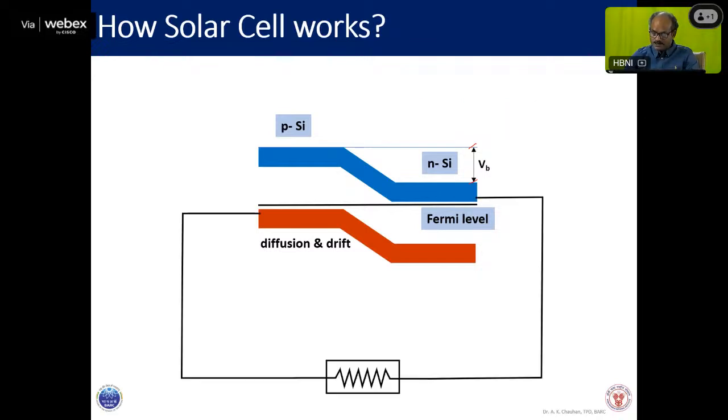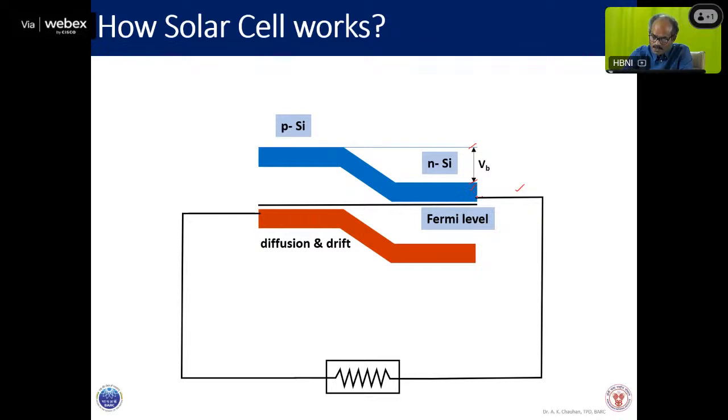Now you just add these two points with the external load. So now it has become our solar cell. Now can we add simply a metal wire with this semiconductor? Can anyone tell? Well, we learned yesterday, if we join a metal with a semiconductor, it makes a Schottky contact.